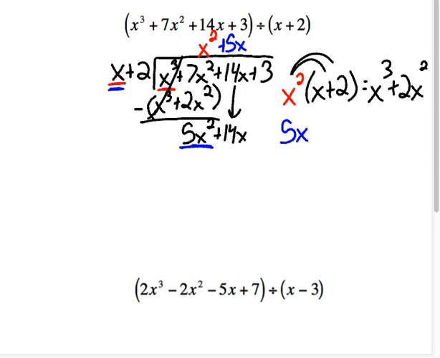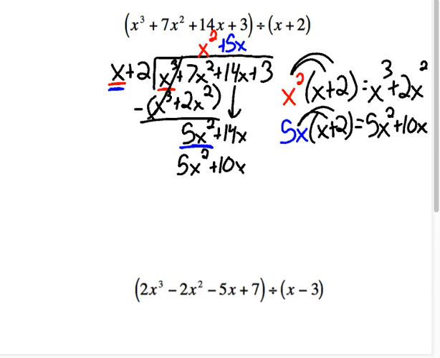So once I've identified that that's what it takes to make x equal 5x squared, now I'll multiply that to that x plus 2 to see how close I got.